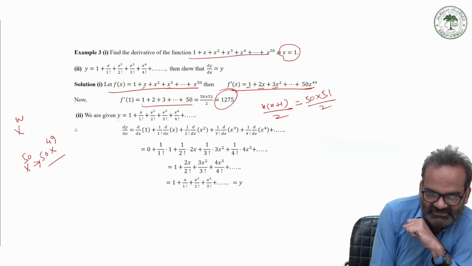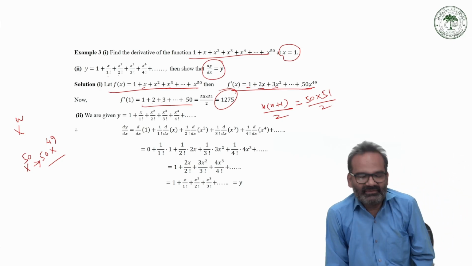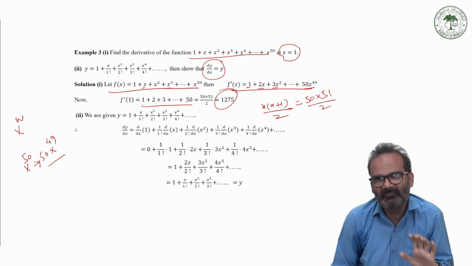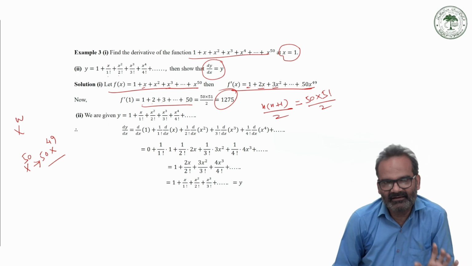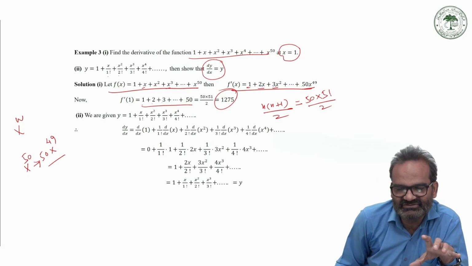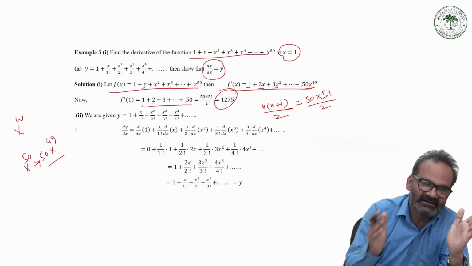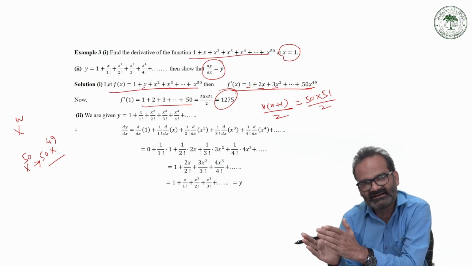Take this one also. We are given y equals 1 plus x upon factorial 1 plus x square upon factorial 2, and so on. Show that dy over dx is equal to y. This type of question we will get a number of times in our subsequent text. There are three ways to find the solution of such a question. Number one, take the left hand side, substitute the values, simplify it, and try to obtain the right hand side.